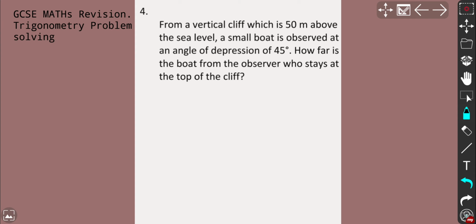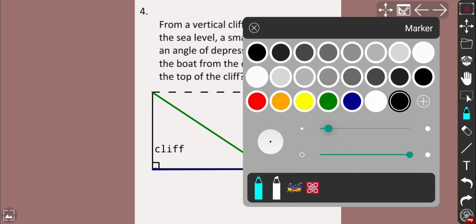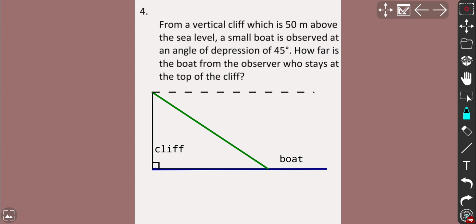Alright, now let's go to the picture that we have according to that problem. So we have the vertical cliff right there. It has 90 degrees with the sea level. Let's say that's the sea level marked as dark blue, and here is the boat.